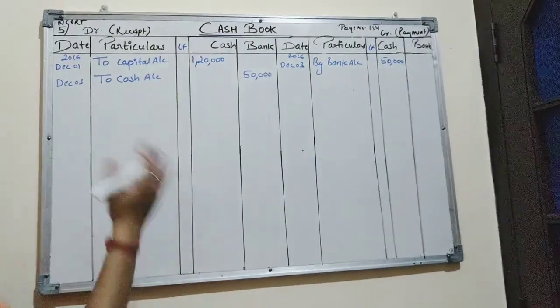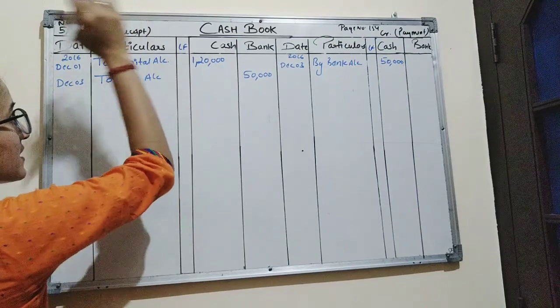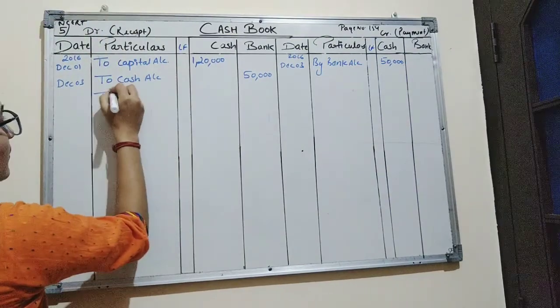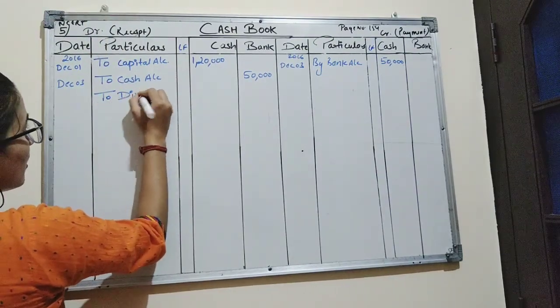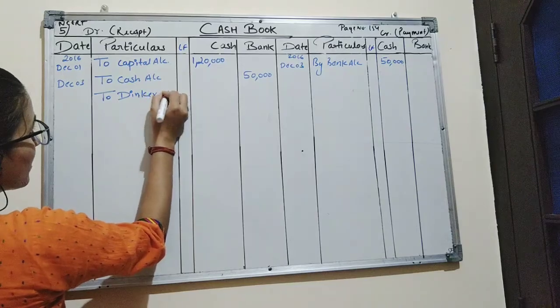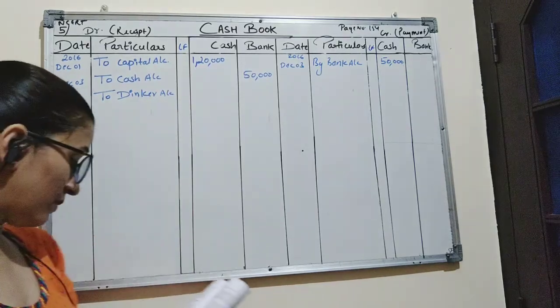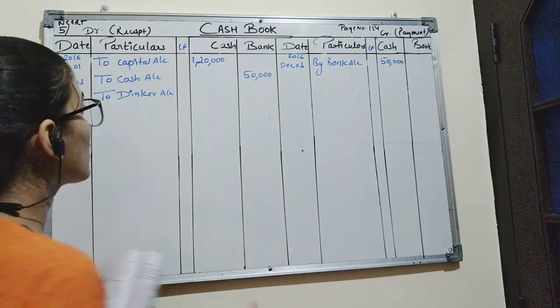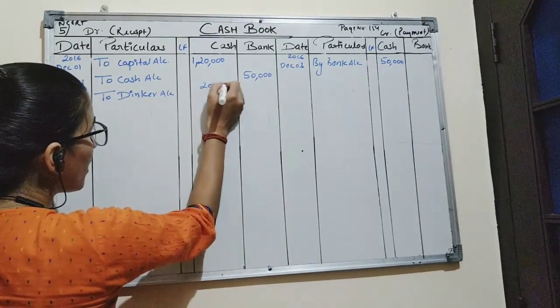So we have received the check, it will be recorded on receipt side and we will record it as to Dinkar account, and this amount will be recorded on cash column. Why cash column?